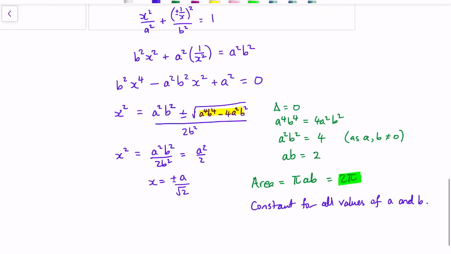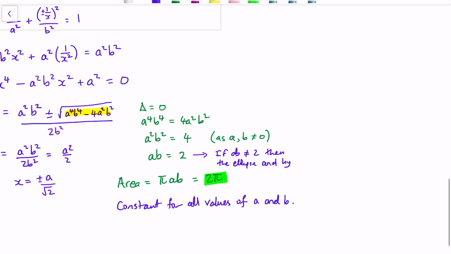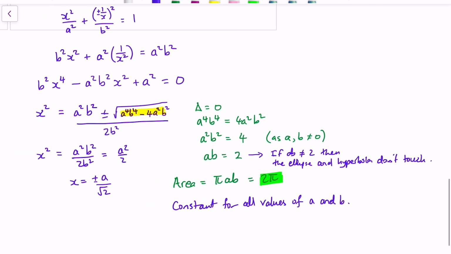And this condition here, ab equals 2, is saying if ab doesn't equal 2, then the ellipse and hyperbola don't touch. Okay, they might cross over completely, or they might not even have an intersection point. But ab equals 2 is the condition so that they just touch.